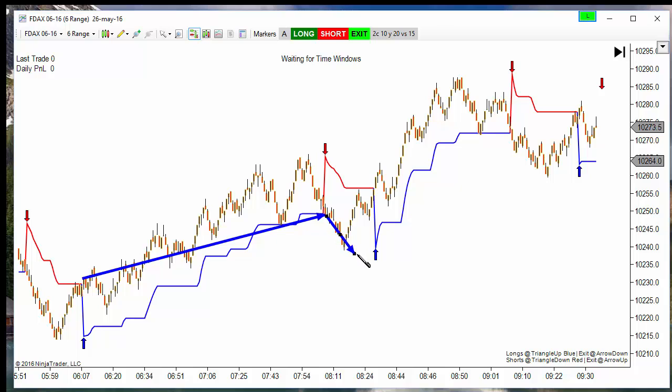On this example we have a long winner and a very small short loser followed by a winner. If we can configure the settings for the Supertrend to work in this way, then we can get a profitable system.